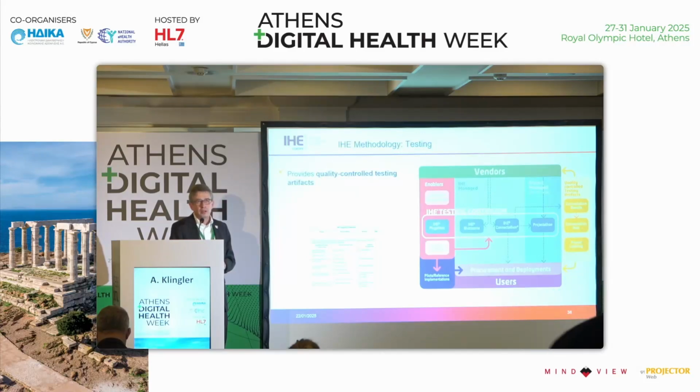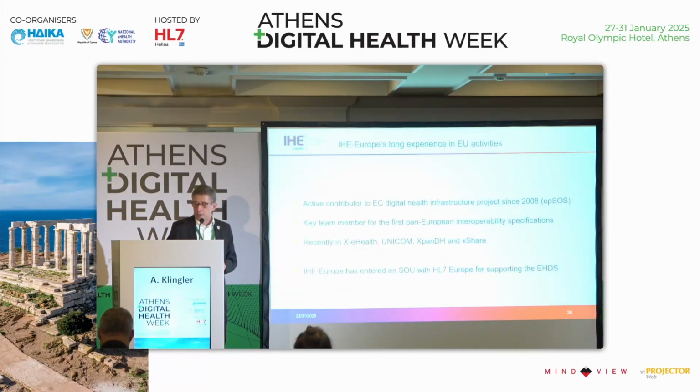These integration statements are documents which can very easily be used in procurement to allow procurers to understand which products provide which functionality. In addition, there's currently the idea to have a label which collects all the relevant information in the EHDS, and these integration statements can also be a basis for that.